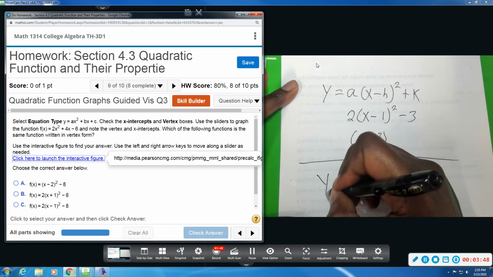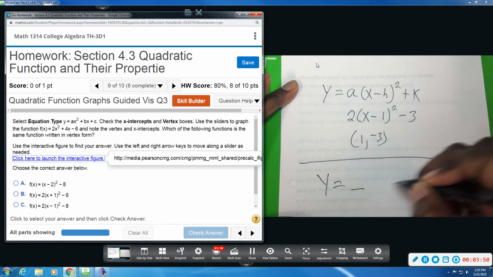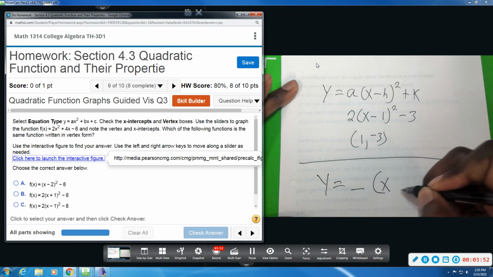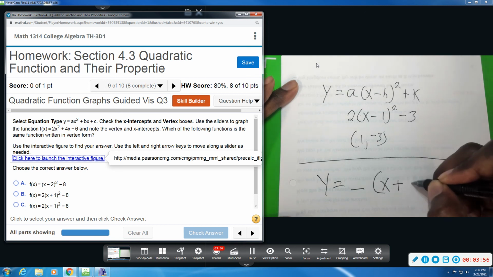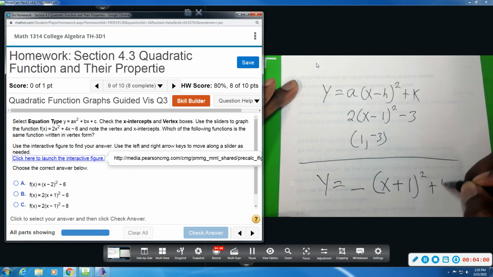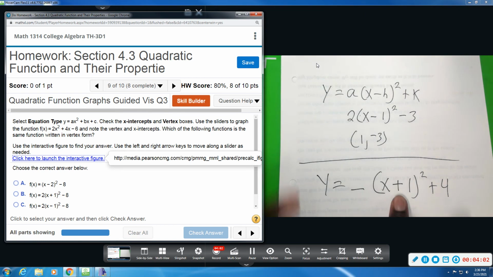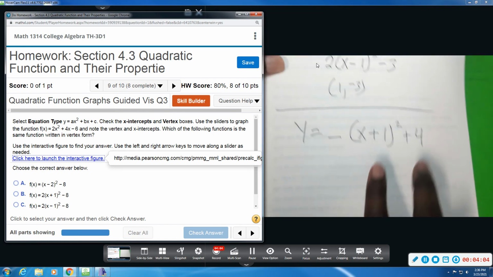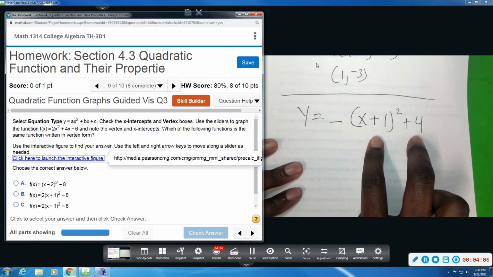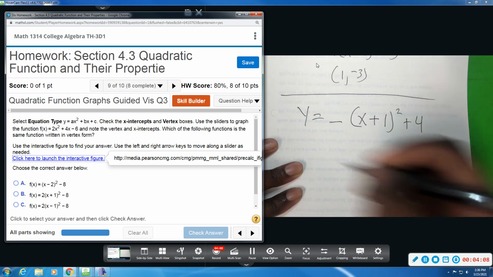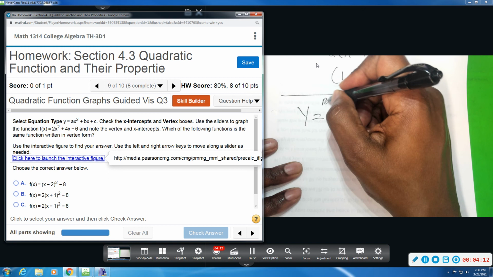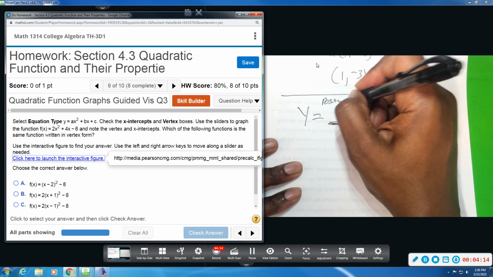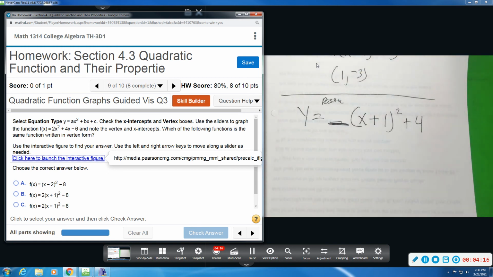I have y equals, I don't know what A is, times x, my vertex was -1, so minus a -1 will be +1 squared, and then plus 4. So remember, opposite of h and k when we plug that in. So this is my vertex form. I don't know what A is, this is an underline. I do know that it is positive because that parabola is opening upward.